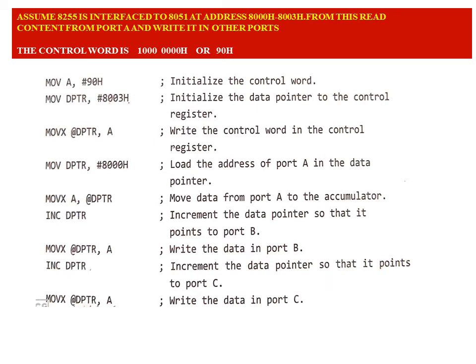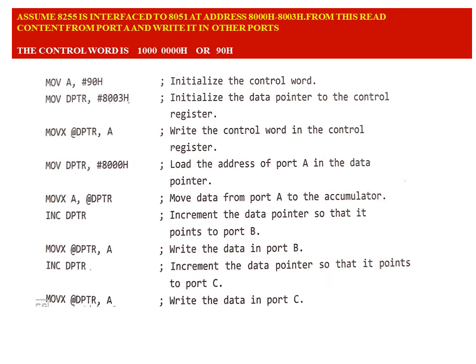Now observe here, they have not given port B and port C in the instructions, but don't get confused. If you increment port A address 8000, it will become 8001.